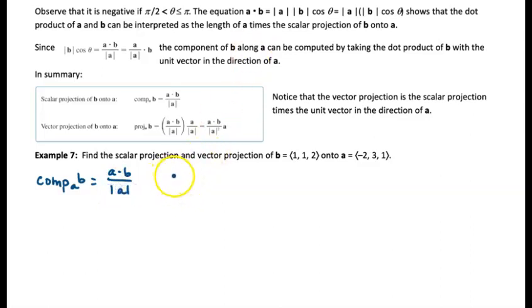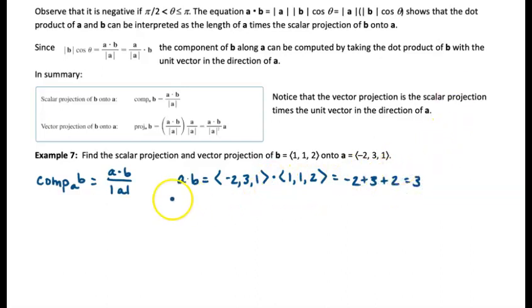over the magnitude of A. So let's find the dot product of A and B. We're taking the dot product of -2, 3, 1, and 1, 1, 2. Taking that dot product, we get -2 times 1 plus 3 times 1 plus 1 times 2, which gives us 3.